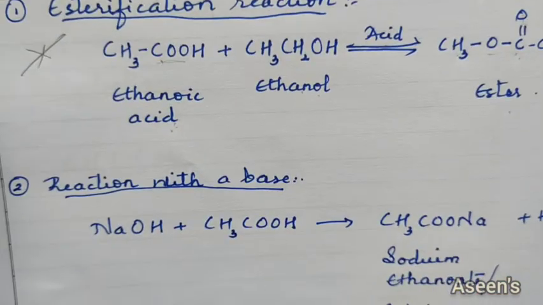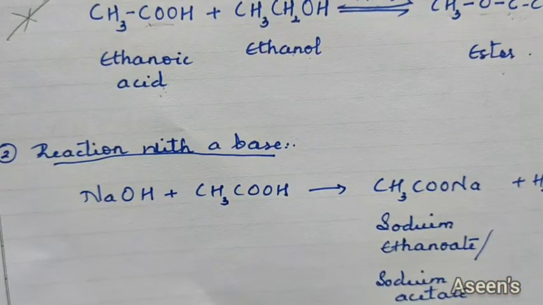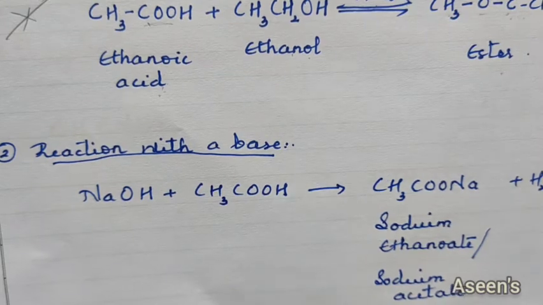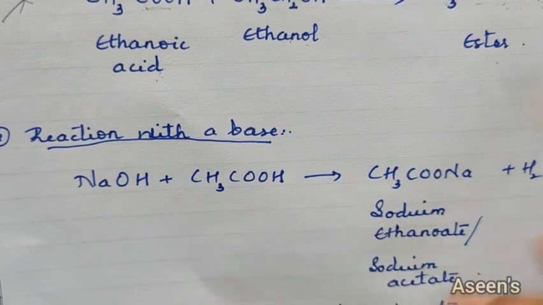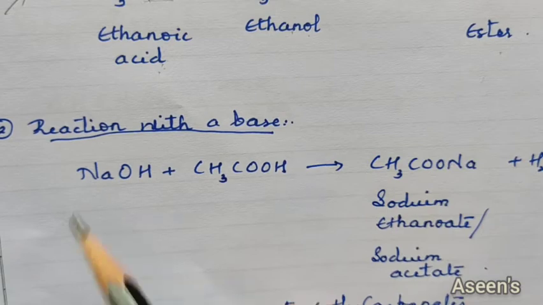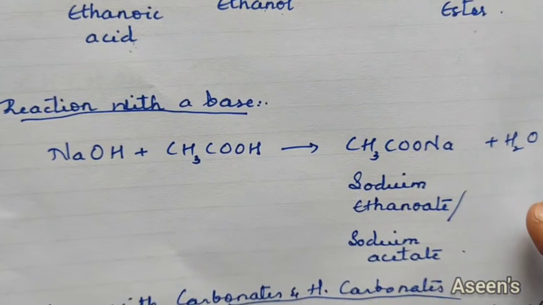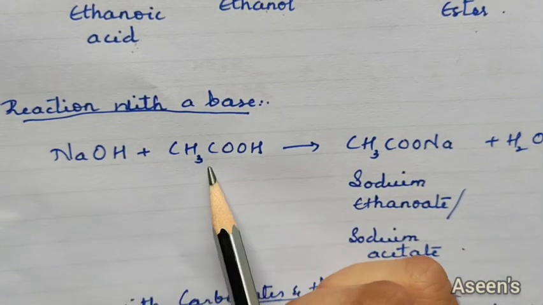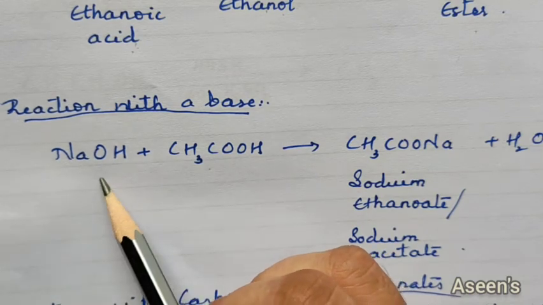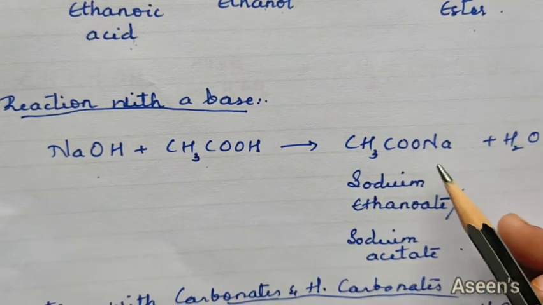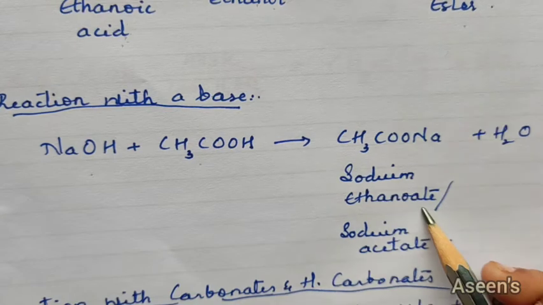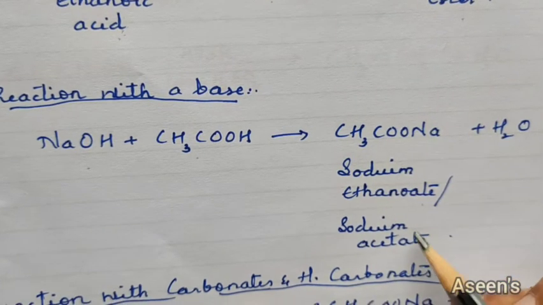Okay. Next we are going to go for the next reaction, that is reaction with a base. What happens when ethanoic acid reacts with a base? We have taken a very common base over here, that is sodium hydroxide. When ethanoic acid reacts with sodium hydroxide, we are going to get sodium ethanoate or sodium acetate.